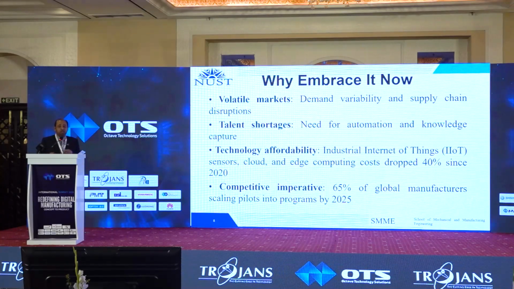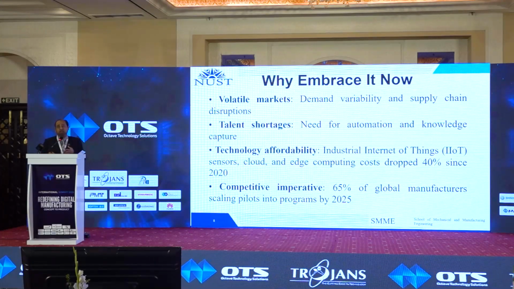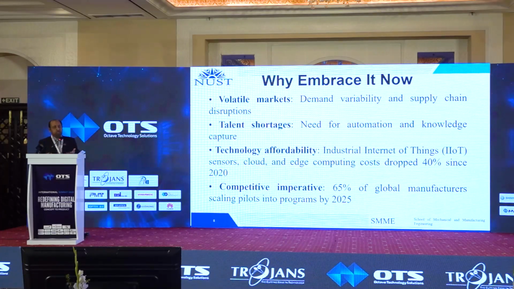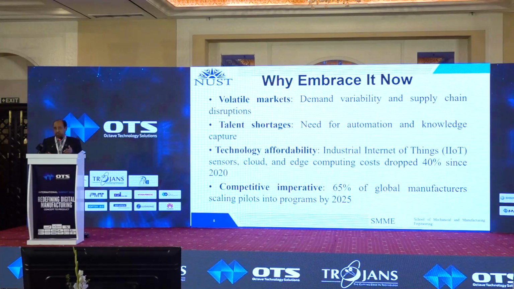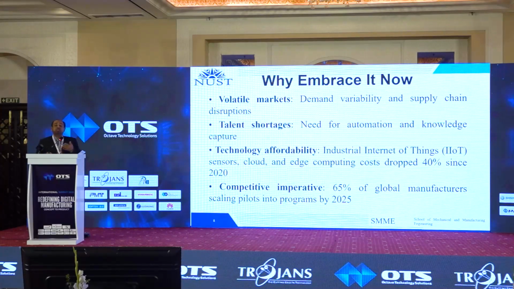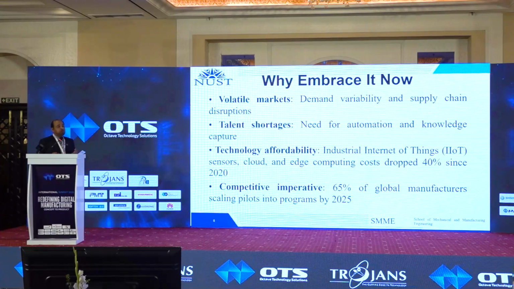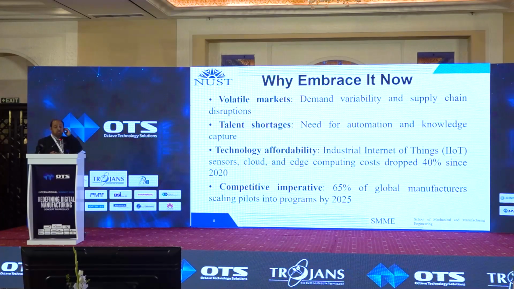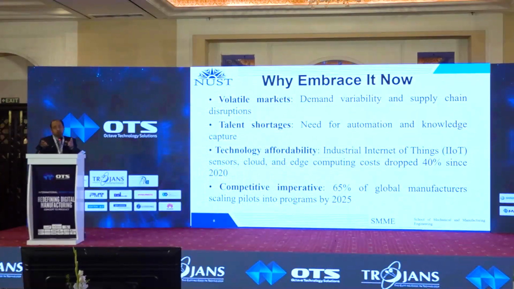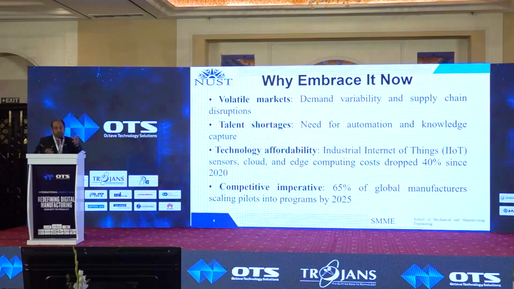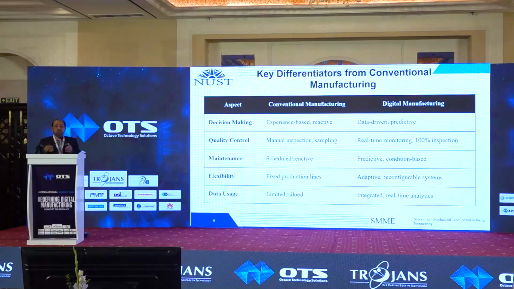And then technology affordability: with the passage of time, computers and technologies are becoming cheaper, and the industrial Internet of Things is becoming cheaper. Sensors, cloud computing and edge computing are a need of today, and the cost has dropped 40% since 2020. And the competitive imperative is that 65% of global manufacturers are scaling pilots into programs. So first they create a pilot, a small project, then implement it at the organizational level. Key differences, if you can see between the conventional and the digital, there are actually different areas and aspects.